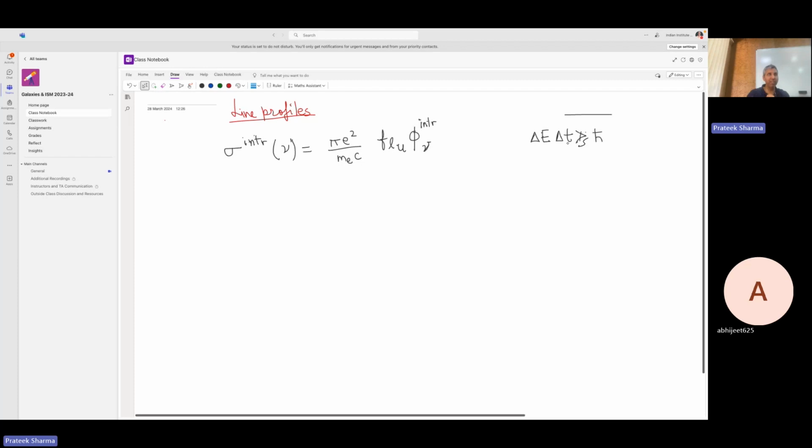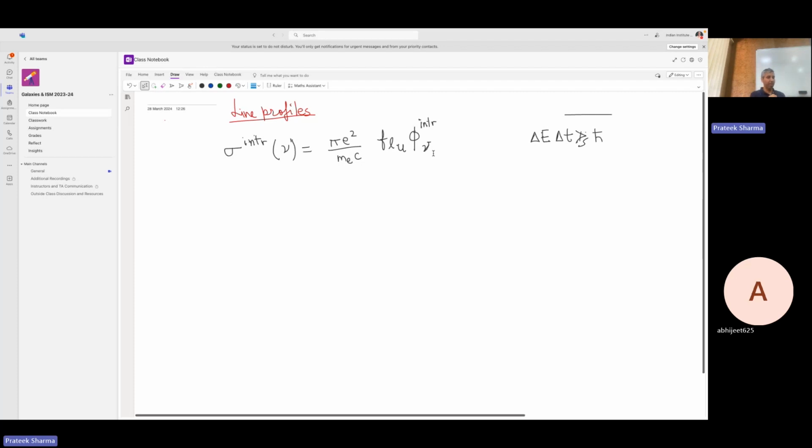Normally the intrinsic line profile is given by a function which is Lorentzian. In reality, all these energy levels will have some diffuseness. It's not a delta function at that energy, and that diffuseness is related to this uncertainty principle.